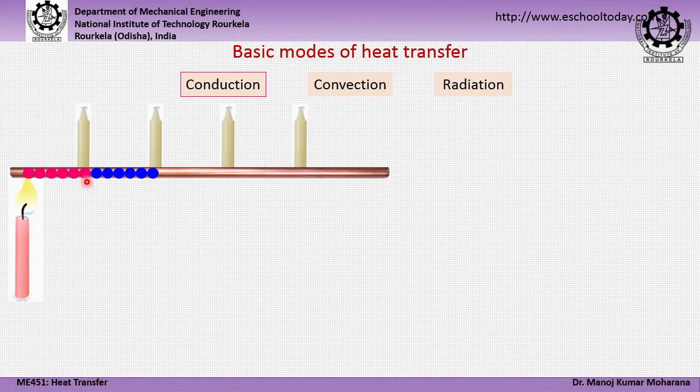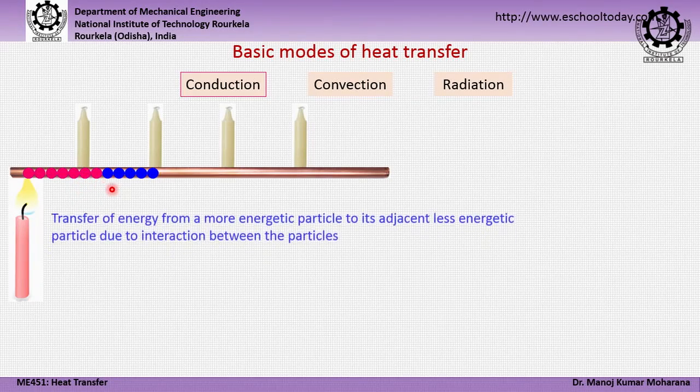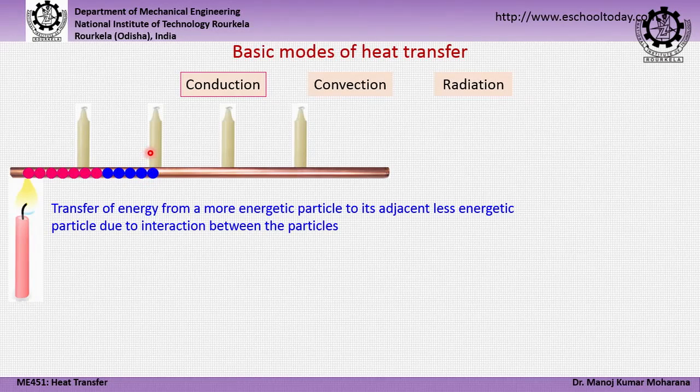Then again the heat transfer process will continue in this direction, then the second candle will fall, then the third candle will fall, like this subsequently all the candles will come down. Here you will see this candle falls down because of transfer of energy from one end of this metallic rod towards the other end, which causes melting of the base of this candle, and because of gravity the candle comes down.